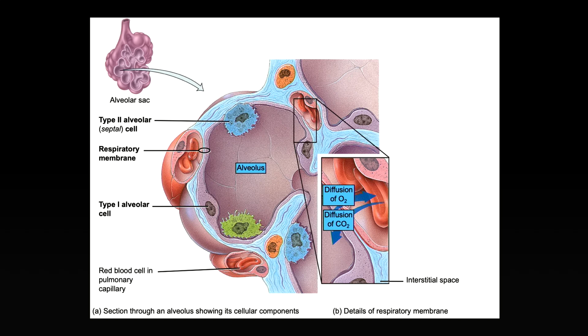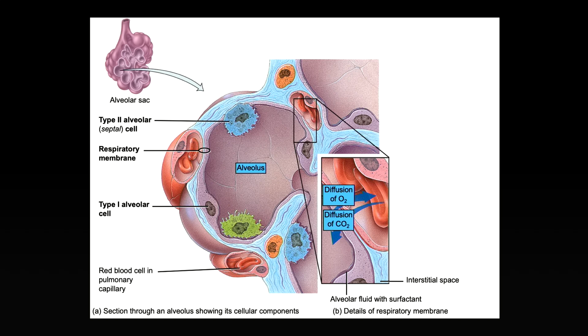Due to the actions of these type 2 cells, as they secrete, see all the way down here, there's this dark purple lining that you can trace all the way around the inside of the alveolus. This is a special kind of fluid, including a molecule called surfactant, that prevents the collapse of the alveoli. And this is secreted by type 2 cells only.